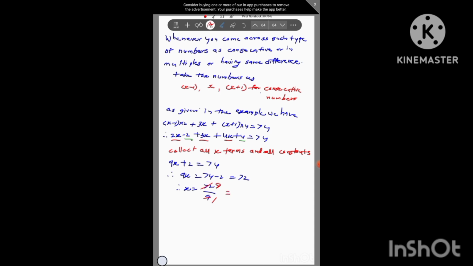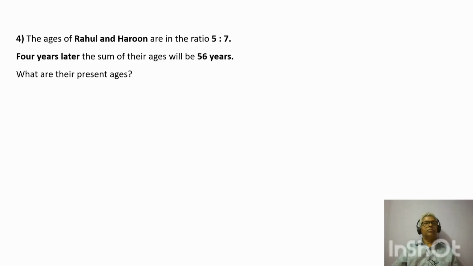You divide by 9 and you get 8. Hence, we have taken x as the middle one, so 8 will be in the middle, and the other numbers will be 8 minus 1 and 8 plus 1. Remember this. So 7, 8, 9 will be the numbers.